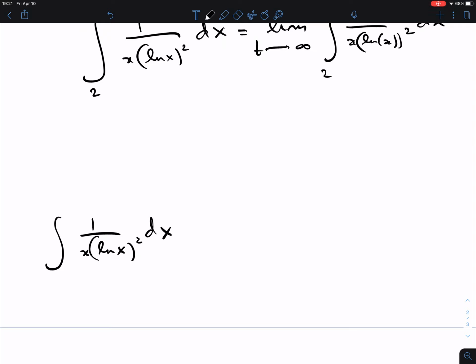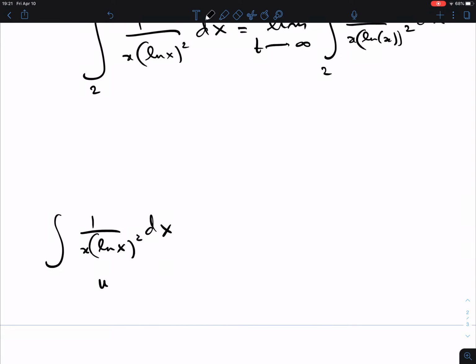So definitely not squared and definitely not in the denominator. So no. But what works here, if you don't see it right away, is substitution. u is ln x, because this is the part that has the ln x in it. What is left is this 1 over x, and that will be exactly my du. So this is 1 over x dx.